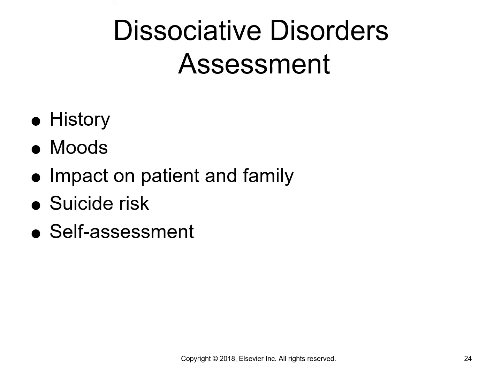I need to maintain professional boundaries and have respect for the patients. All these parts are very important to develop a proper identification of dissociative disorder. And we have to also assess for any organic issues that are causing these problems as well.